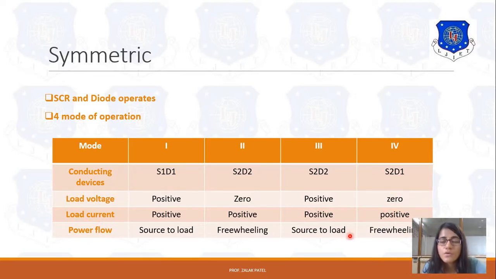Here again the load voltage becomes 0 because of S2 and diode 1. Because the connected load is inductive, the freewheeling action will take place and the switching time will reduce from mode 3 to mode 4.